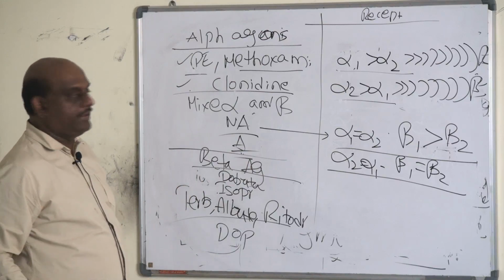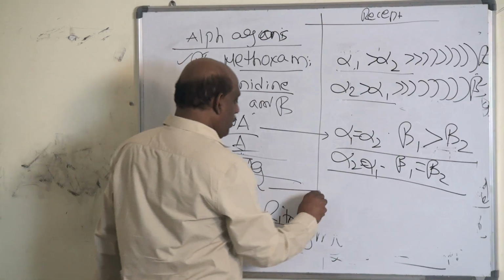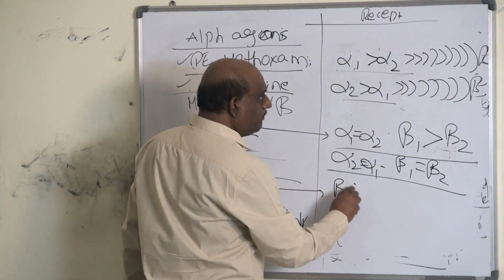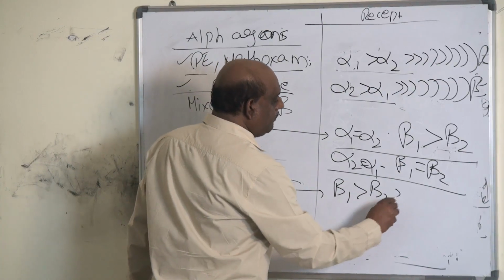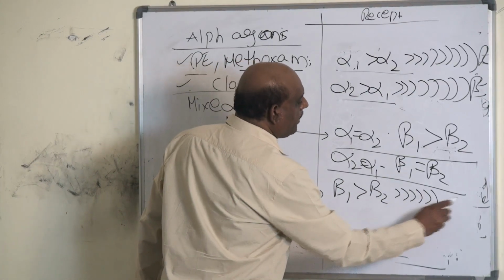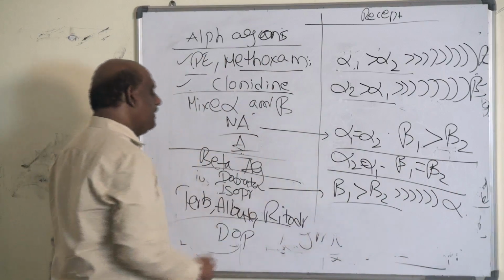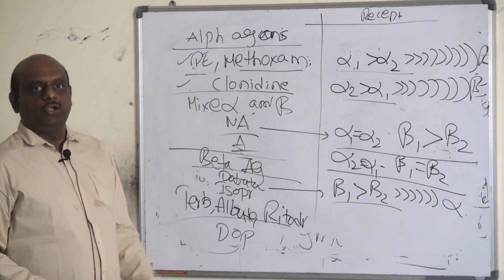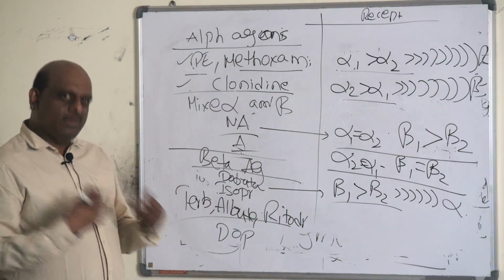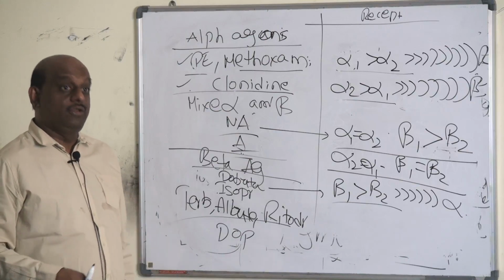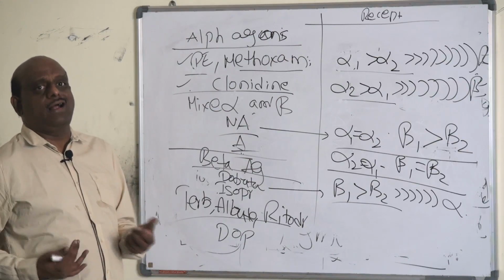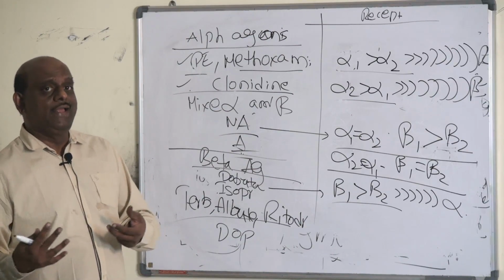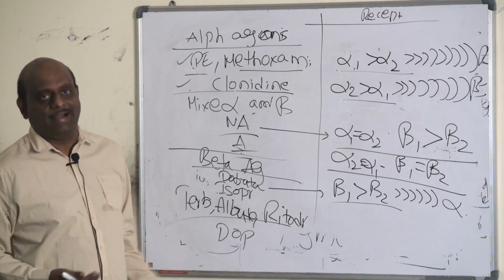Dobutamine is beta 1 more than beta 2, far more than alpha. That is the reason dobutamine will make your heart race, and we use dobutamine to stress your heart and do a 2D echo to detect any occult ischemia in the heart.